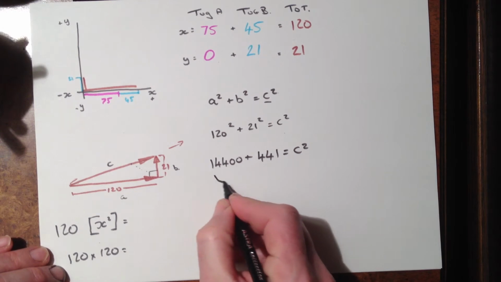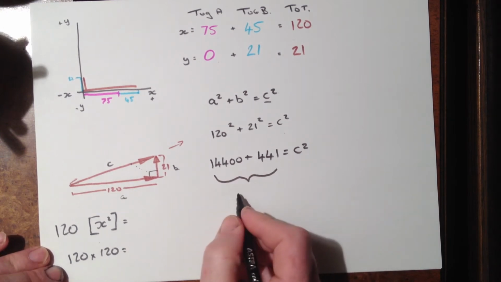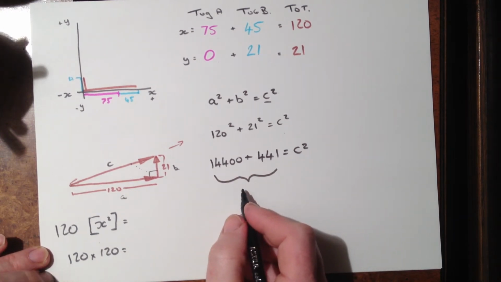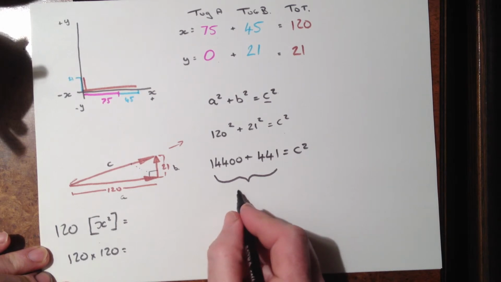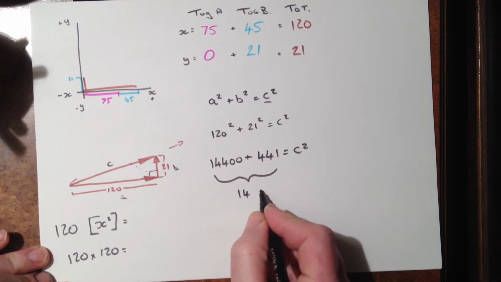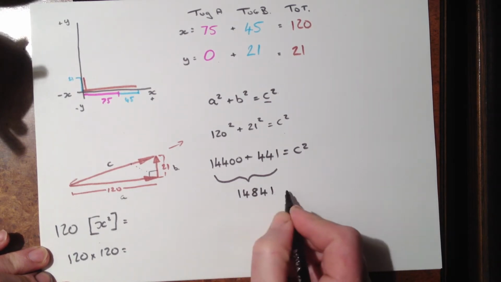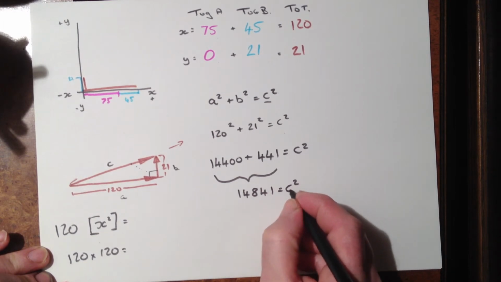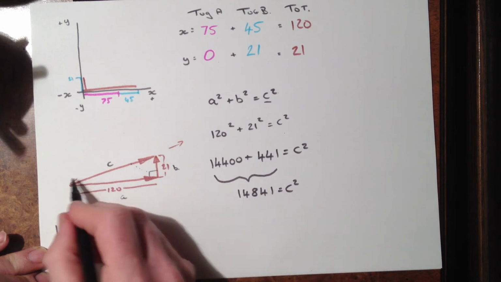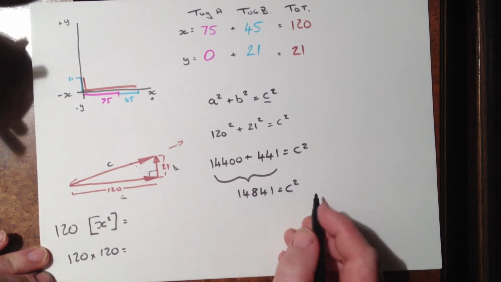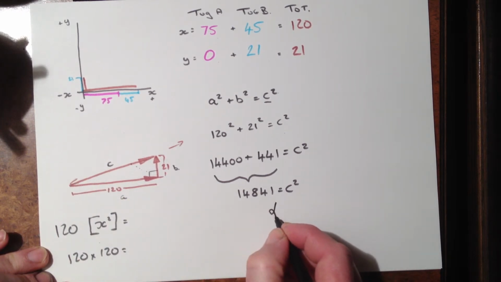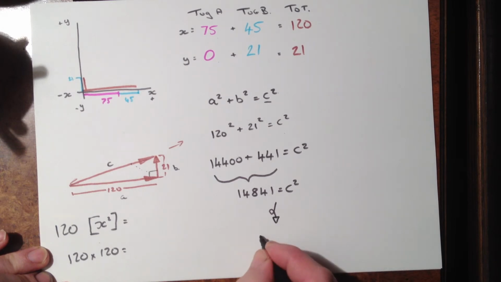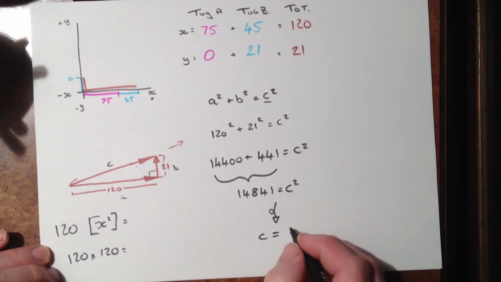So we can add these numbers together, and 14400 and 441 is 14841. And again, that's still equal to c squared. Now, we need c on its own, not c squared. That's an irrelevantly large number to go in here. So all we do is spin that round and put c on this side now.